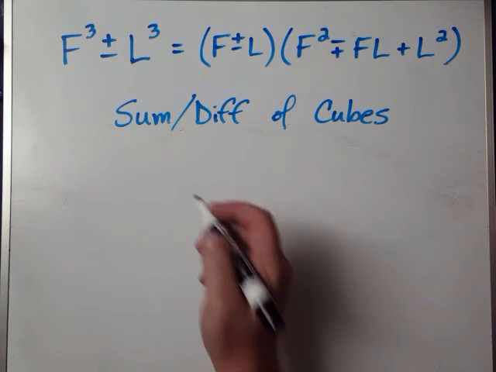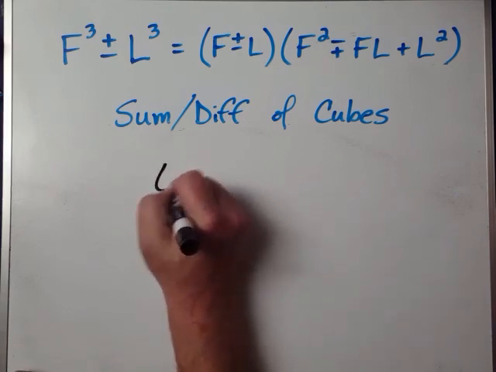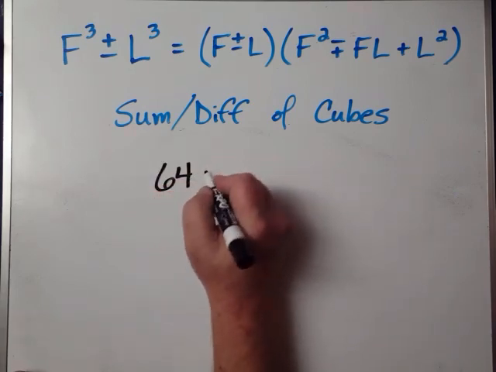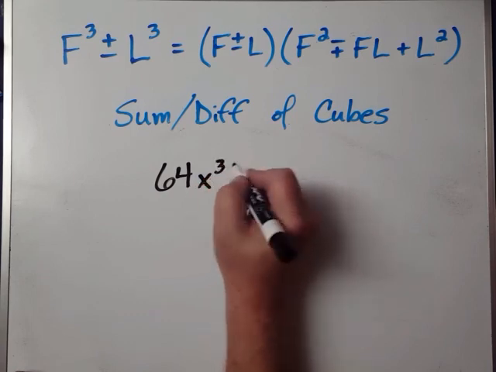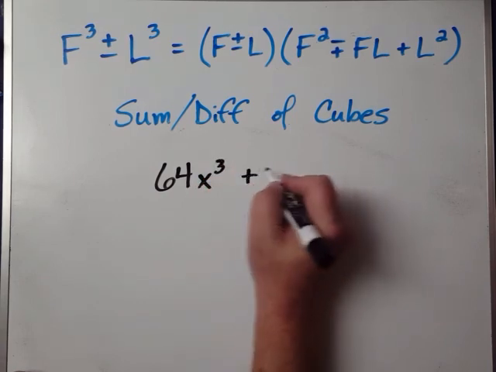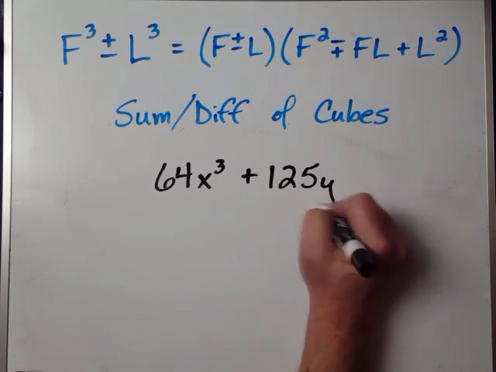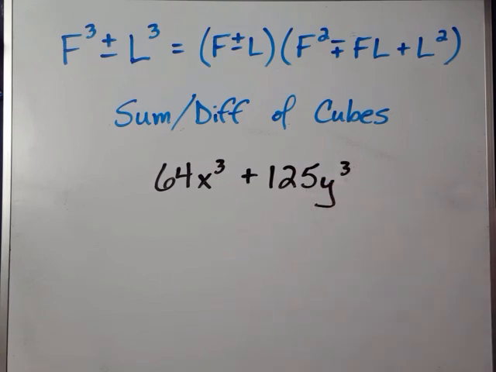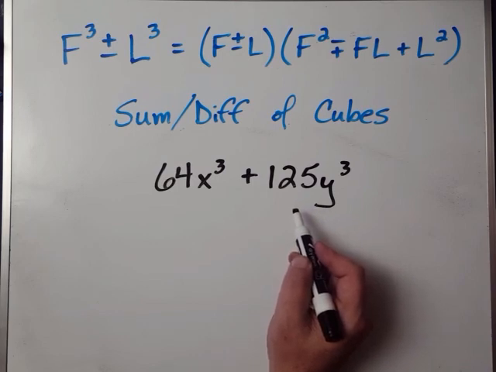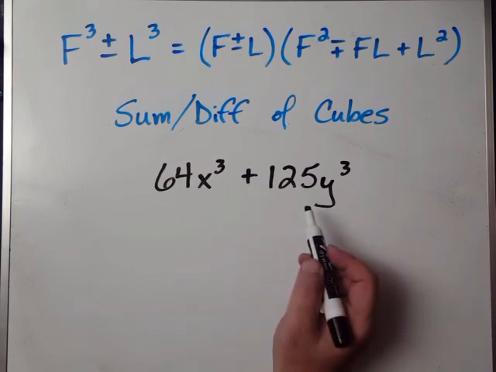This is one, if you want to give it a try on your own, once we get it written down here, go ahead and pause, and then come back and we'll compare answers. The instructions simply read, factor. If you want to give that a try, go ahead and pause. We see a binomial, so we have some questions.